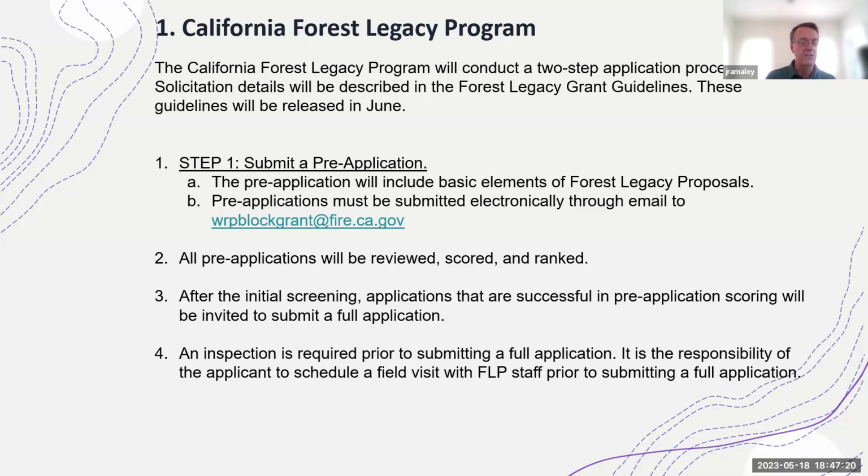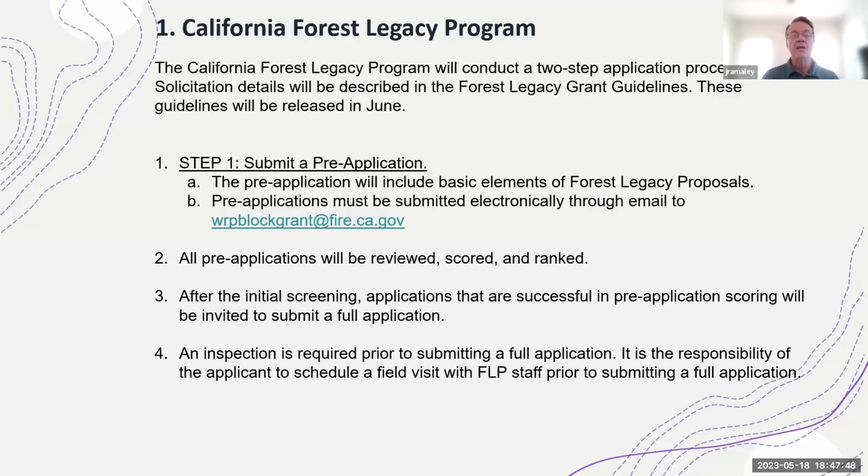Our pre-application includes basic elements. You're going to provide a description of the importance, threat, the criteria that Dana and Kevin just described, and readiness, really brief, along with landowner name, other contacts, and important criteria as far as wildlife and things like that.